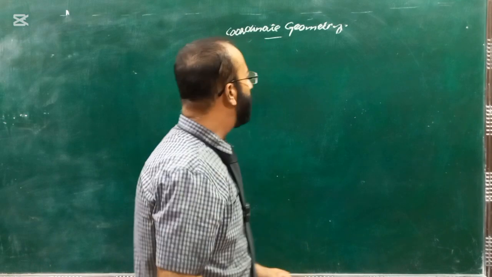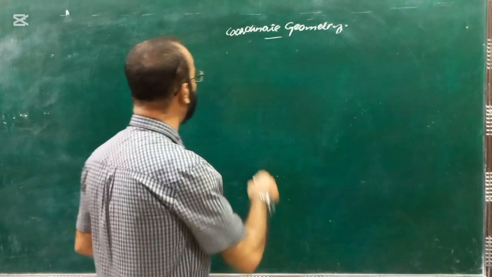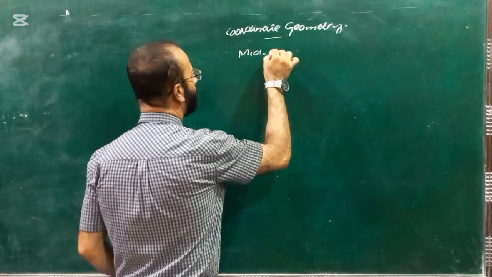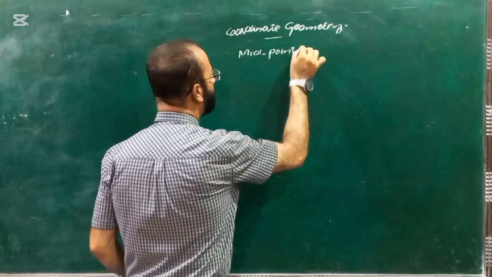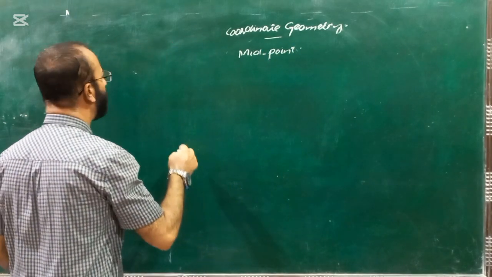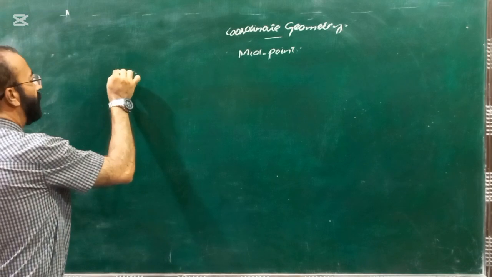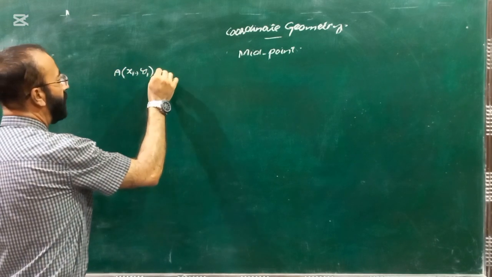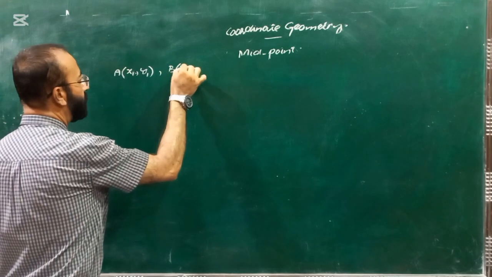The next topic in coordinate geometry is the midpoint. It is an easy topic, concentrate yourself. Suppose we are given 2 points, for example A is x1 y1 and another point B is x2 y2.